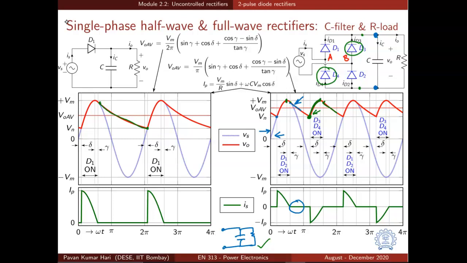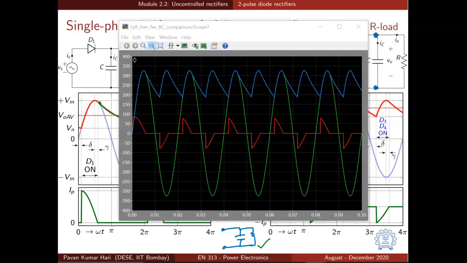And when will they turn on? They will turn on at 2 pi plus delta, when the voltage across A and B becomes equal to the voltage across the capacitor. Let us look at the transient condition also, where the initial condition on output voltage is 0.